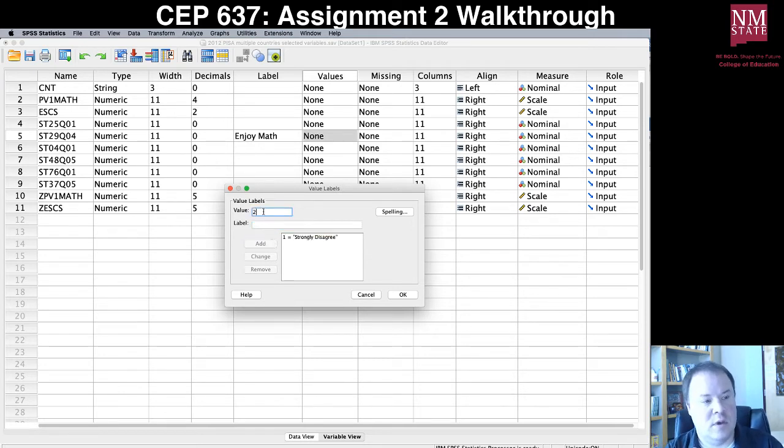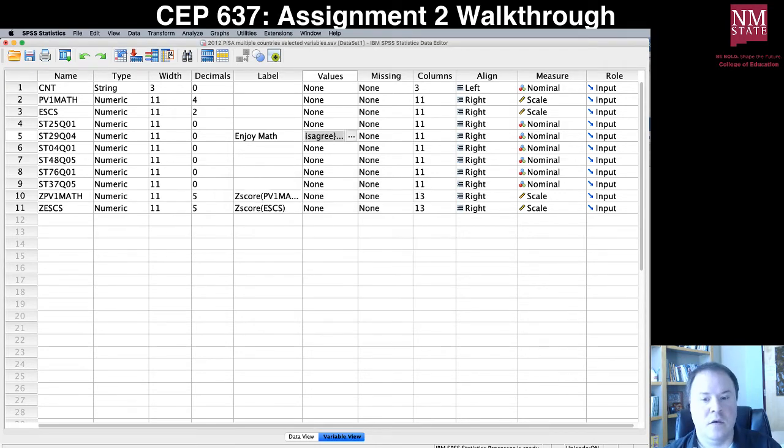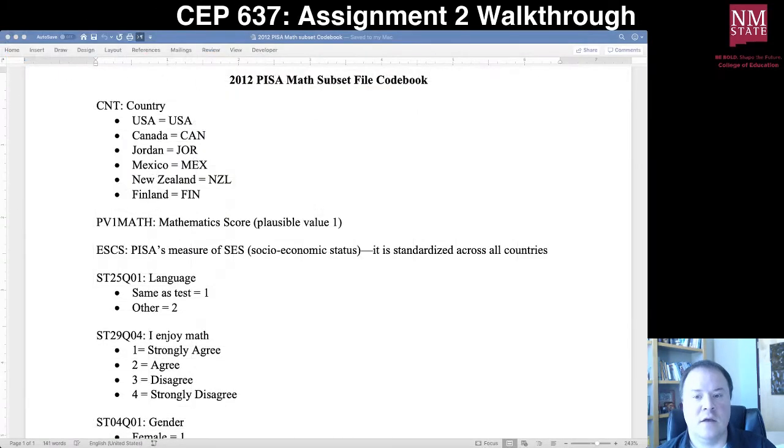This will help me make sense of this better later. 2 is disagree, 3 is agree, and 4 is strongly agree. And this is agree with the statement, I enjoy math. So if we look back at the codebook here, the statement is I enjoy math, and then they had to pick one of these options, strongly agree to strongly disagree.